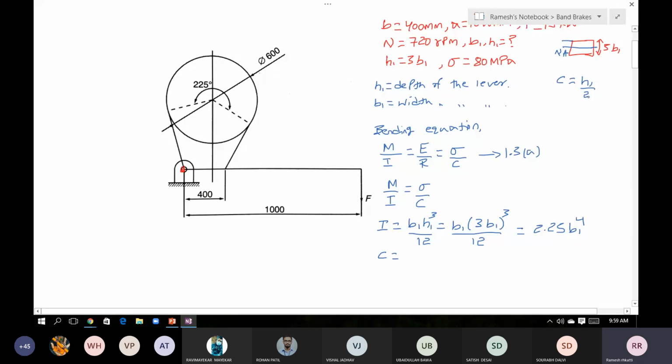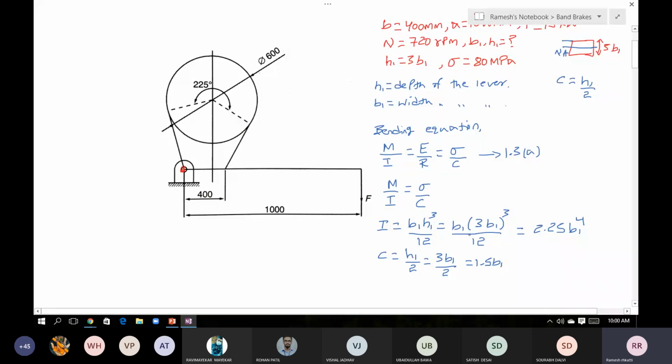H1 is the depth, and the depth is given as 3 times B1. From the figure, C is H1 divided by 2. Substitute the value of H1. It is 3 times B1 divided by 2. 3 by 2 is 1.5. Therefore, it will be 1.5 B1. Now you can substitute this C and the moment of inertia.